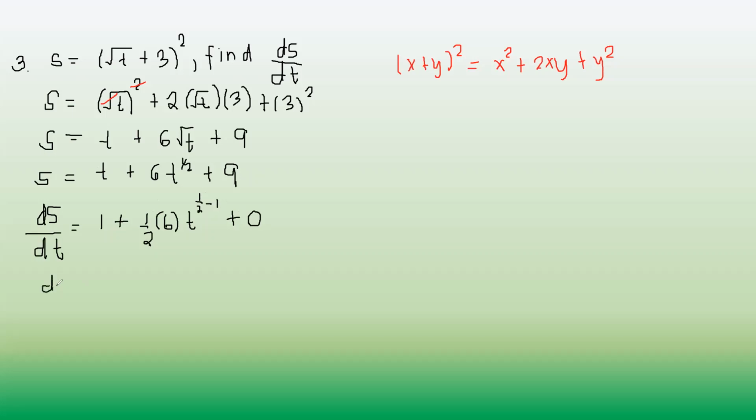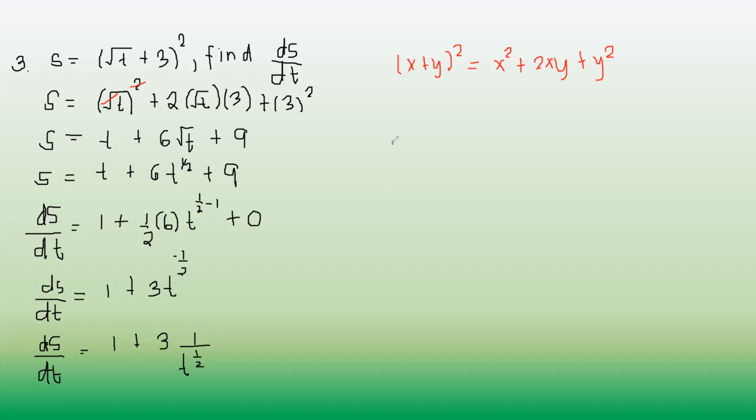Then ds over dt is now equal to 1 plus 6 over 2 is 3. So we have 3 raised to 1 half minus 1 is negative 1 half. Or ds over dt is equal to 1 plus, para mawala yung negative exponent na yan, simplify natin, reciprocal ulit. 3 over t raised to positive 1 half na siya ngayon.